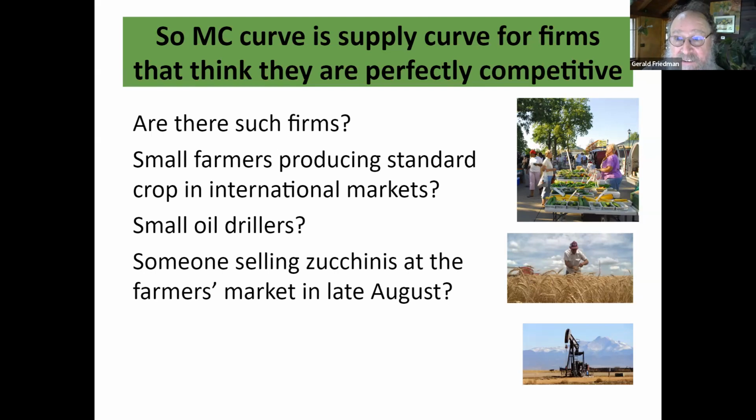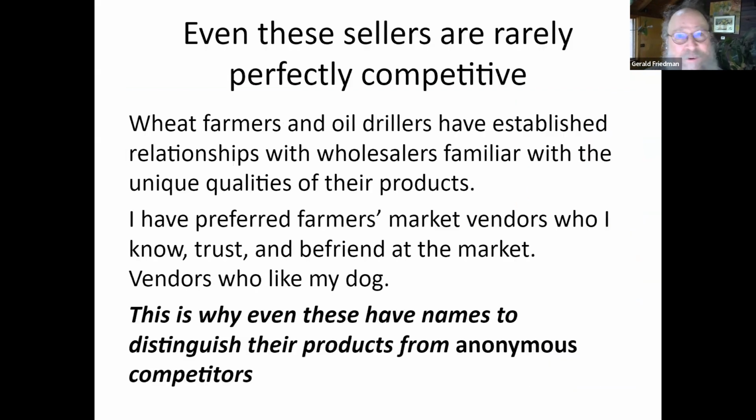Someone selling zucchinis at a farmer's market? Well, you think so, yeah. But you know what? I have preferred vendors at the Amherst Farmers Market. People who I buy from, I know them, I have a relationship with them. So they're not perfect competitors either.